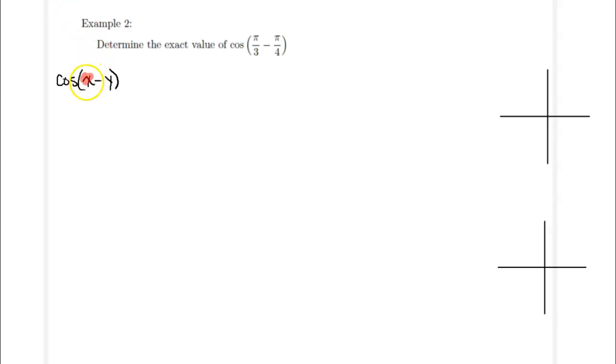We're going to have my x there, it's going to be this guy, and I'm going to have my y, which is that guy. But let's state the general formula first. So that's going to look like cos x cos y plus sine x sine y.